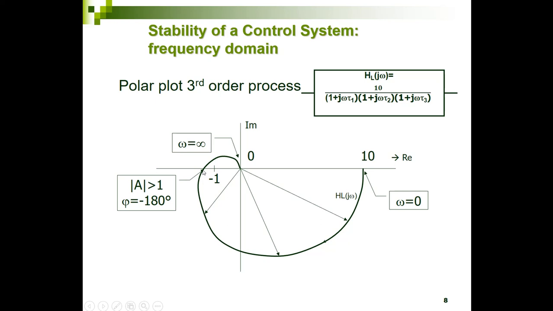It crosses over here. At that point, we have to judge whether the amplitude is higher than 1 or not. And in this case, that amplitude has a larger value than 1. So we cross the minus 180 degrees line with an amplitude larger than 1. So this system is unstable.